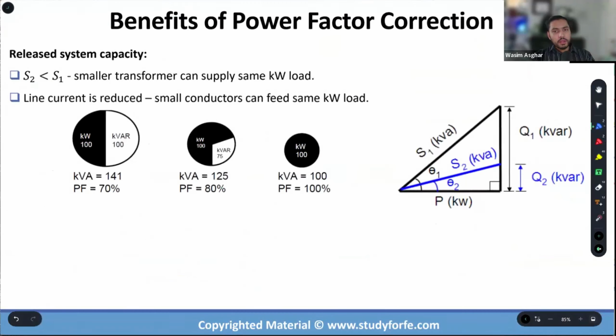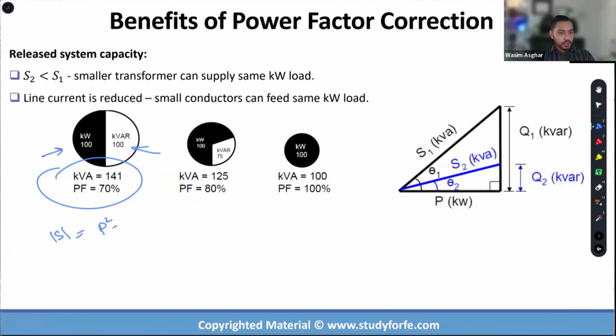Okay. Now, if you look at this scenario where we have a 50-50 split between the real power and the reactive power, if you calculate the value of S, it will be equal to the square root of P squared plus Q squared because it's a magnitude, right? So this is going to result in 100 squared plus 100 squared, for P and Q, and that is 141 for the value of kVA.